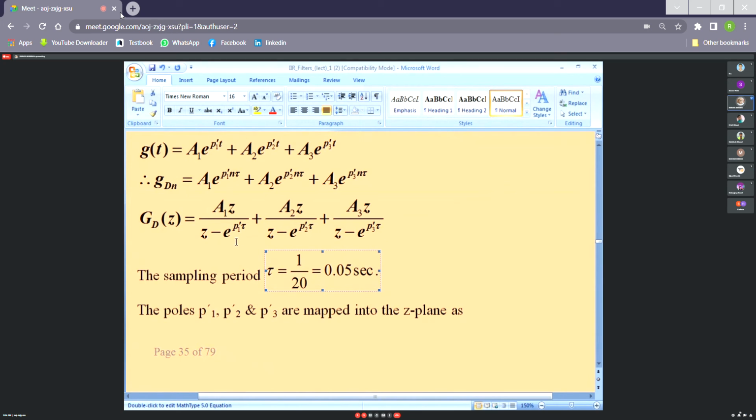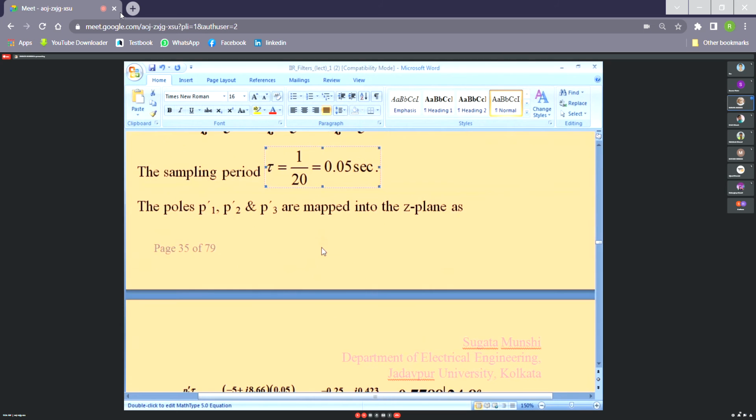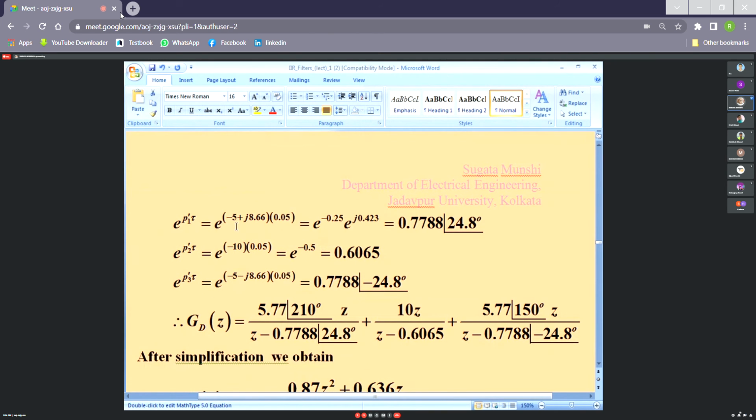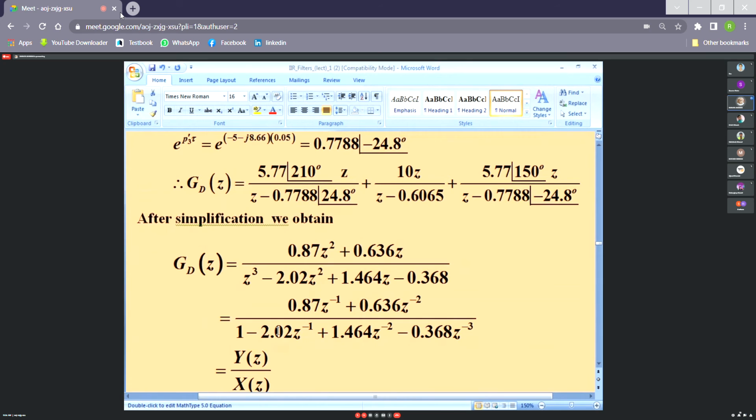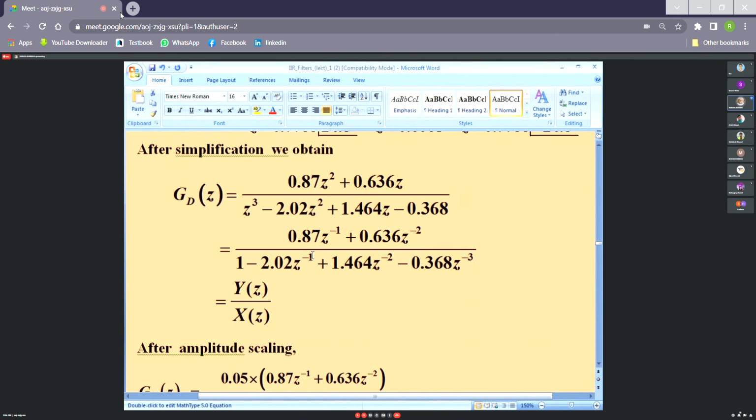So we have to find e to the power P1 prime tau, e to the power P2 prime tau, and e to the power P3 prime tau; A1, A2, A3 are already determined. Their values are evaluated here. On substituting those values, you get GDZ. Now you have to do a lot of simplification and ultimately obtain GDZ as indicated there.